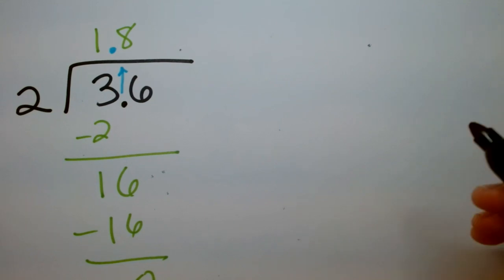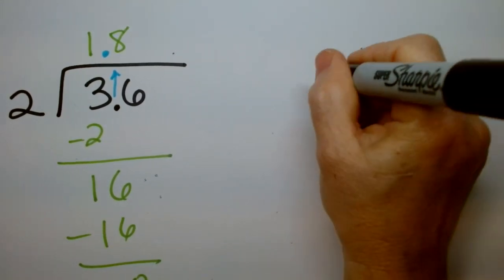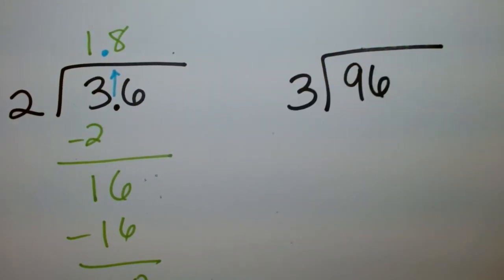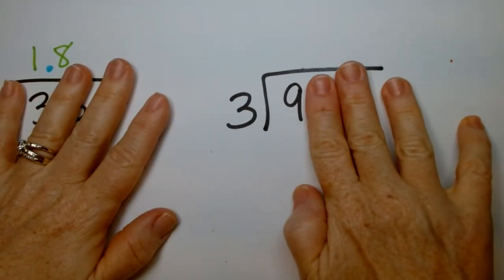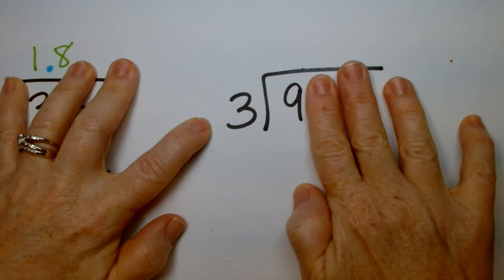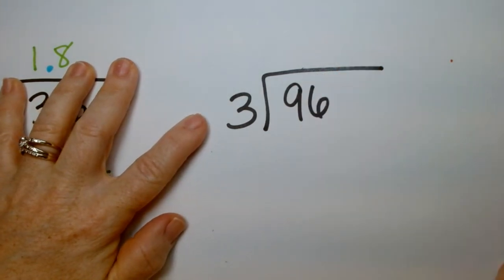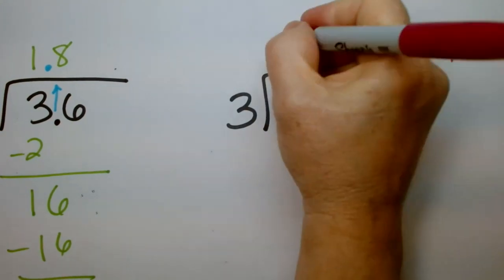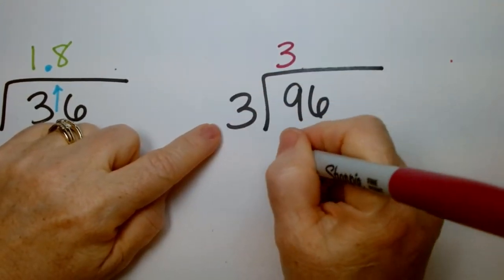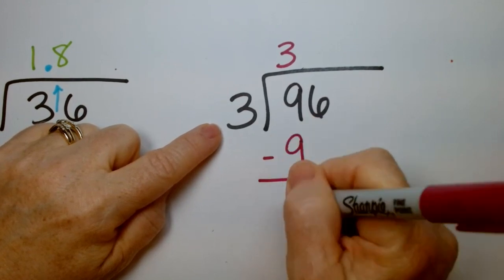Let's do another one. If I say 96 is in the box, the 3 is outside the box. Can we do this one together? No decimal point. Okay, 3 goes into 9 how many times? 3 times something equals 9, right? 3 times 3 gives you 9. So we have nothing left over.